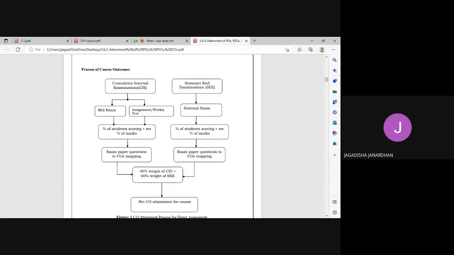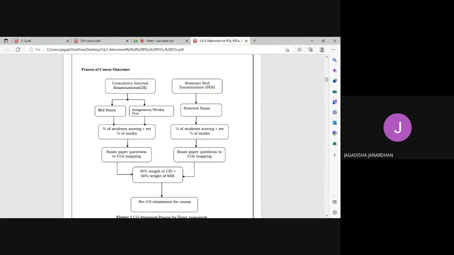So what is the percentage of students scoring the set percentage of marks? Suppose the internal marks are for 30, the minimum we need to put as a standard is like 24. If the standard of marks is 24, how many students are scoring more than 24? That needs to be taken into the percentage.